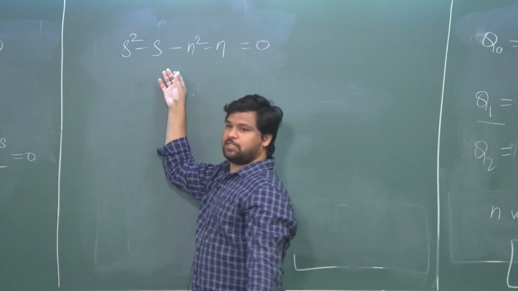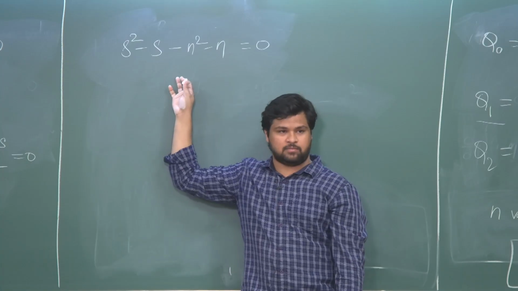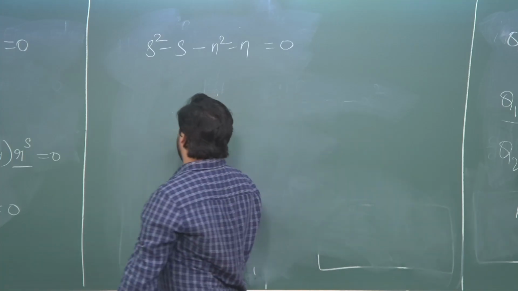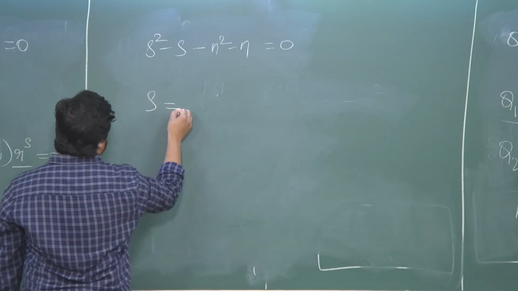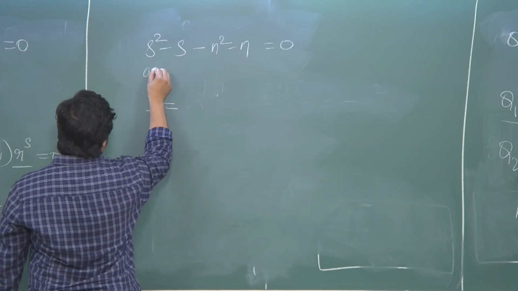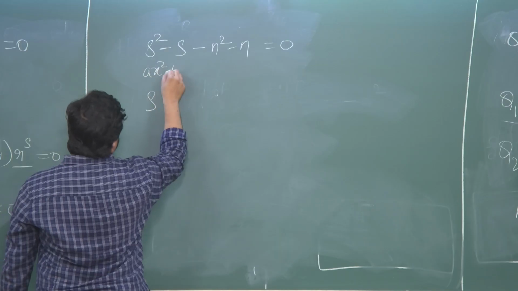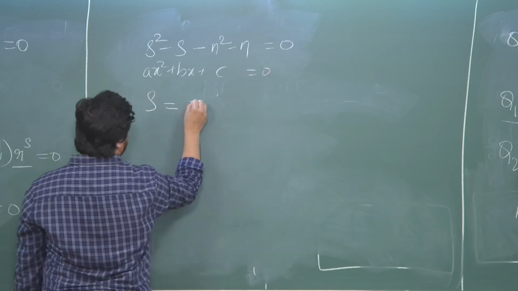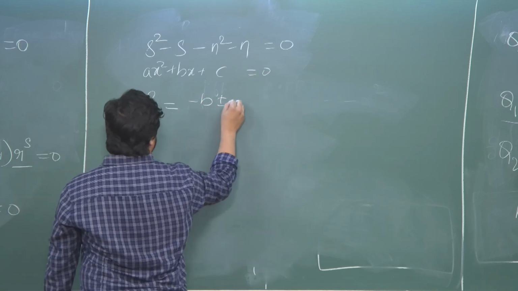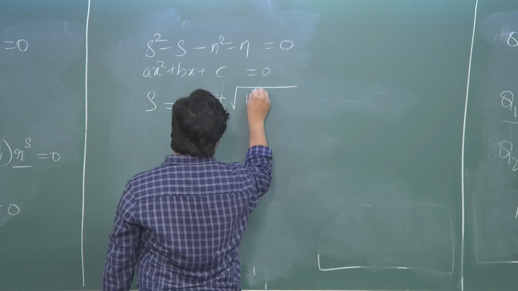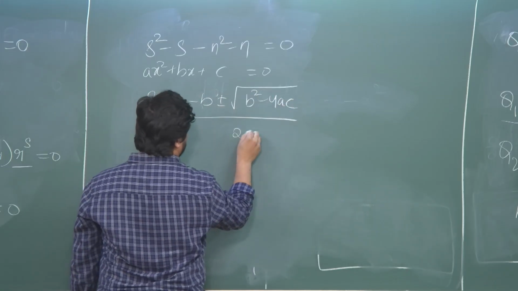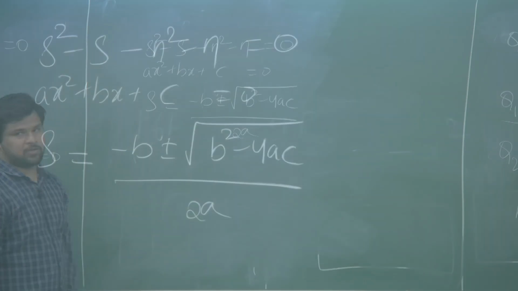This is nothing but a quadratic equation, and we know the solution of a quadratic equation. If you take a x square plus b x plus c equal to 0, the solution will be minus b plus or minus the square root of b square minus 4ac, all over 2a.